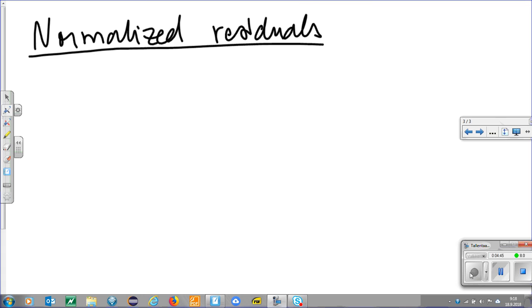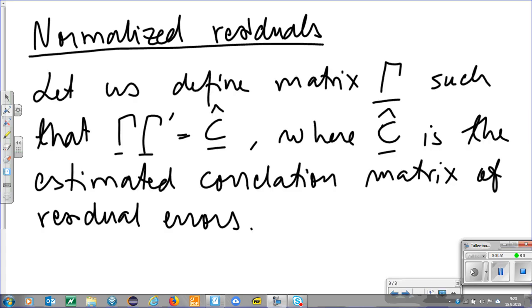Then the second type of residuals we define is the normalized residuals. For that purpose, we define matrix gamma such that the matrix product gamma gamma prime is equal to matrix C hat, and this C hat is the estimated correlation matrix of residual errors.